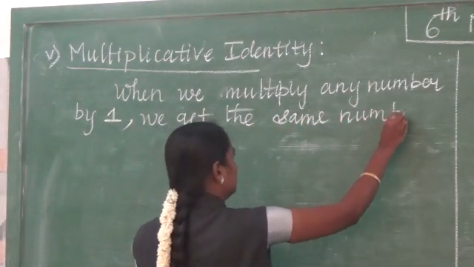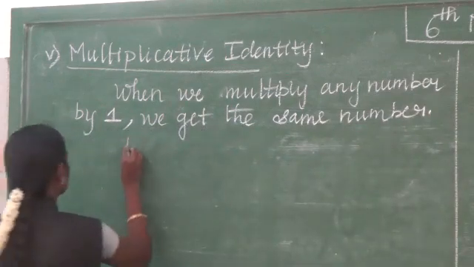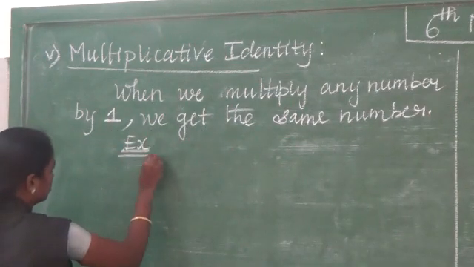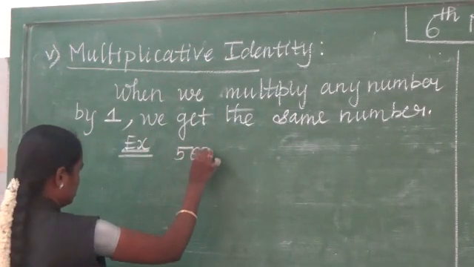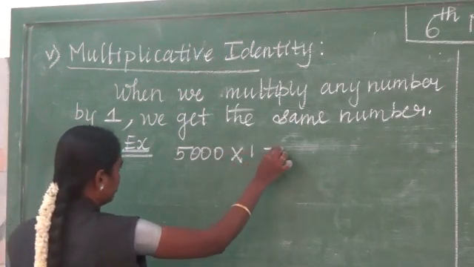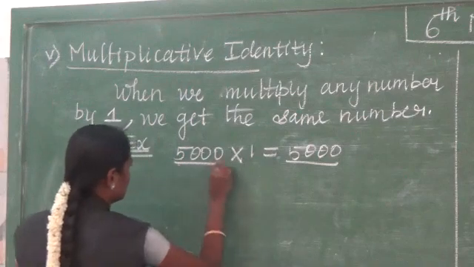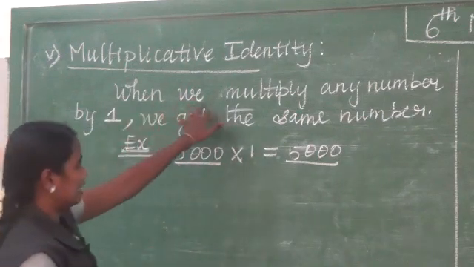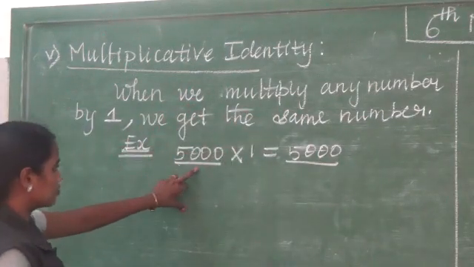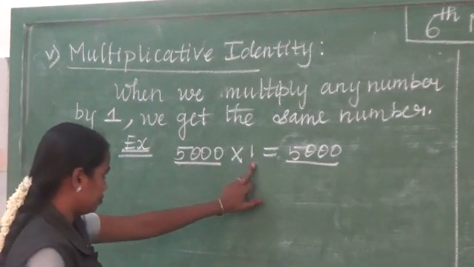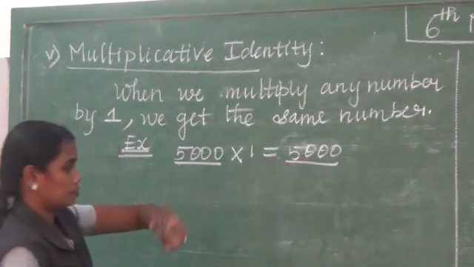For example, 5,000 into 1 is 5,000. Yes or no? See here, when we multiply any number, say 5,000, by 1, the number will not be changed.